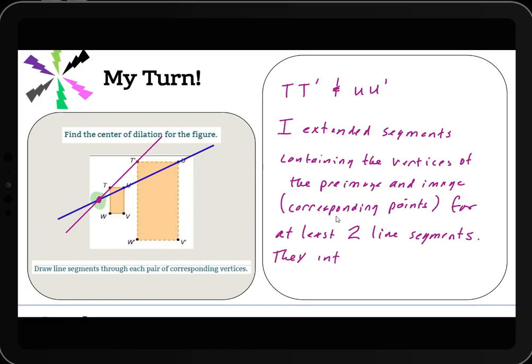They intersect at the center of dilation.